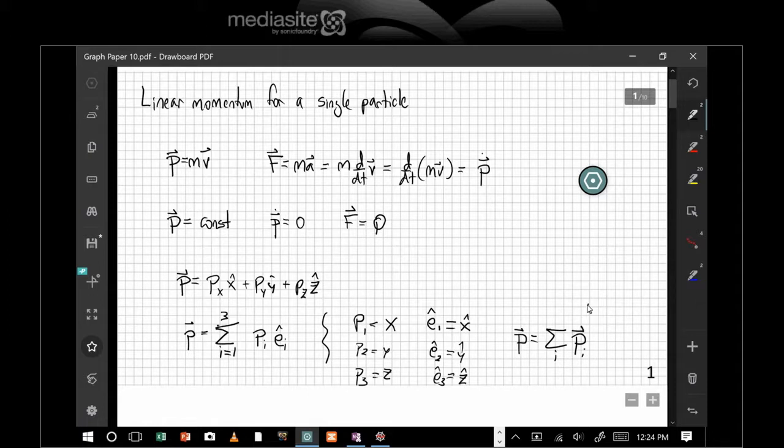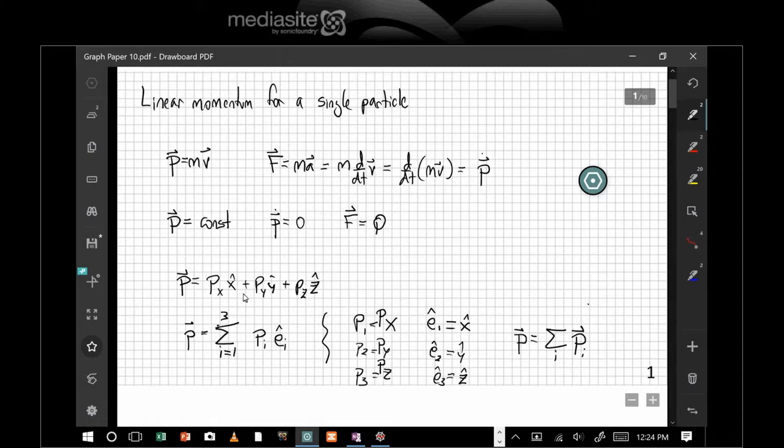It's obvious that i is 1, 2, 3, and then the vector p i is just the product of p i times e i hat. Actually, I should have written here that these are p x, p y, and p z. Those are the components. So that's my notation.